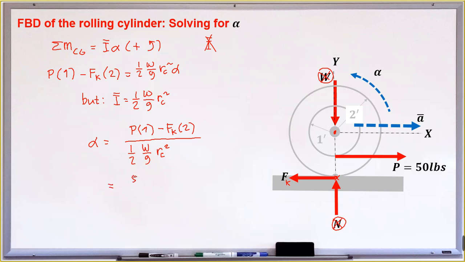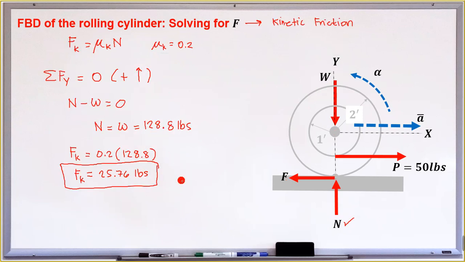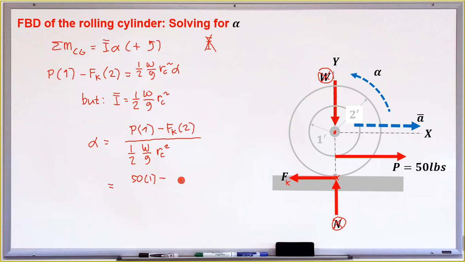Our P is 50 times 1 minus Fk, which is 25.76 from the previous solution, times 2, all over 1/2 times the weight of the solid cylinder, 128.8 divided by 32.2, and our RC is 2 feet, so 2 square.